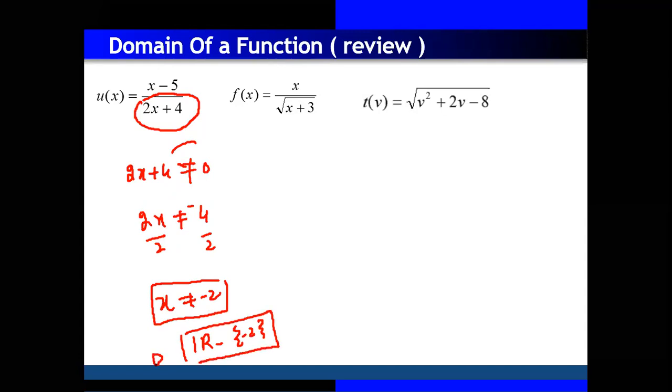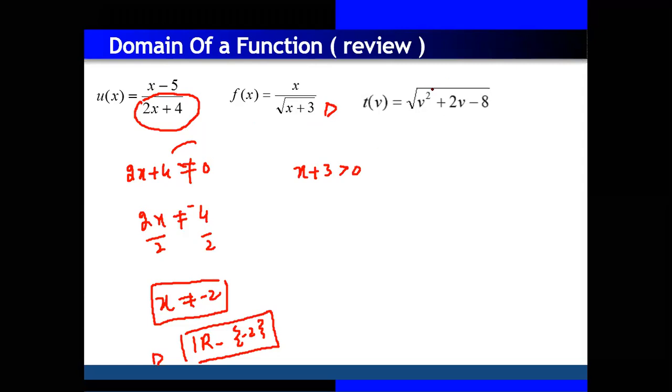Okay, now if we have a square root, square root in the numerator and square root in the denominator. Second one, we have a square root value, and this square root is in the denominator. So when we have a square root in the denominator, this one is not equal to 0 and not negative. So just put x plus 3 greater than 0. Yes, you need to put greater than 0.